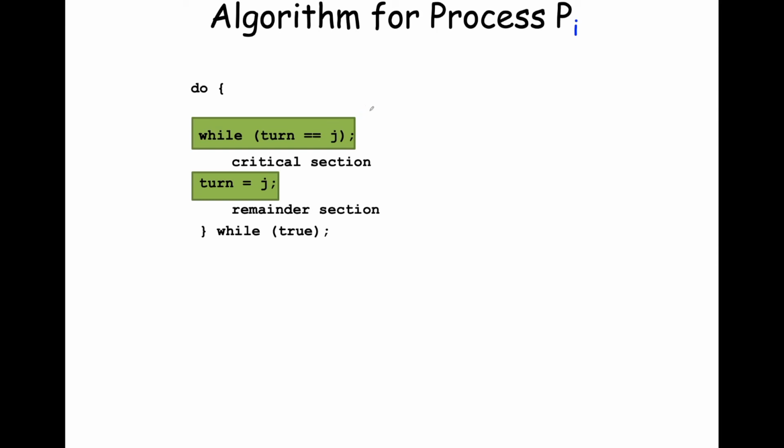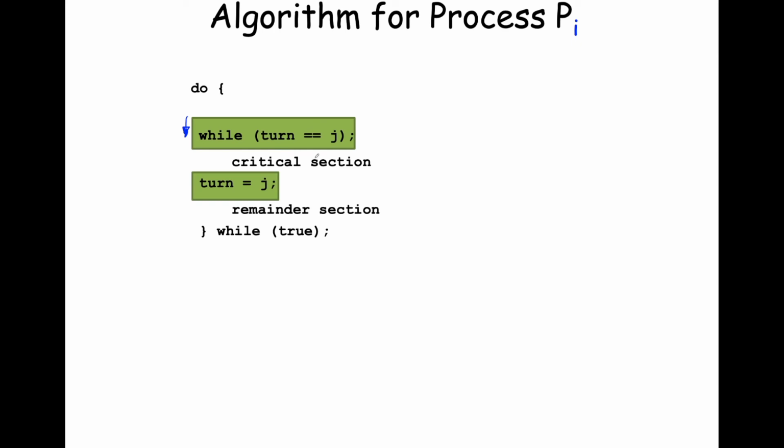And so this quote-unquote spin lock is a barrier, and you request access by making sure this turn variable is equal to your particular process number. And so if turn for process i is equal to j, your execution stays in this while loop and it can't go further. So it's effectively locked out of entering the critical section.